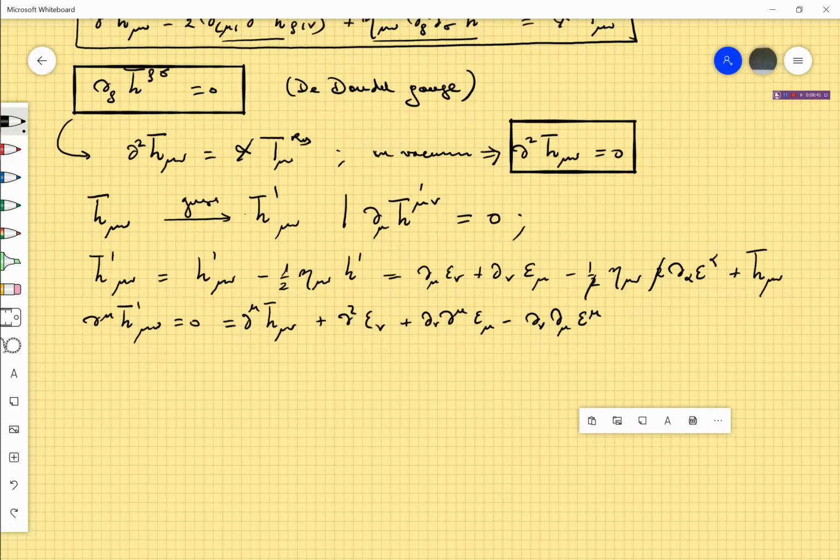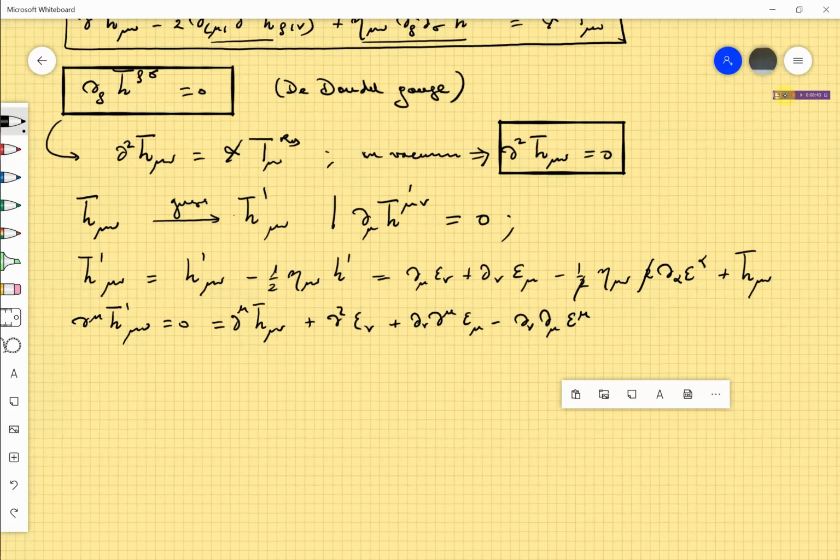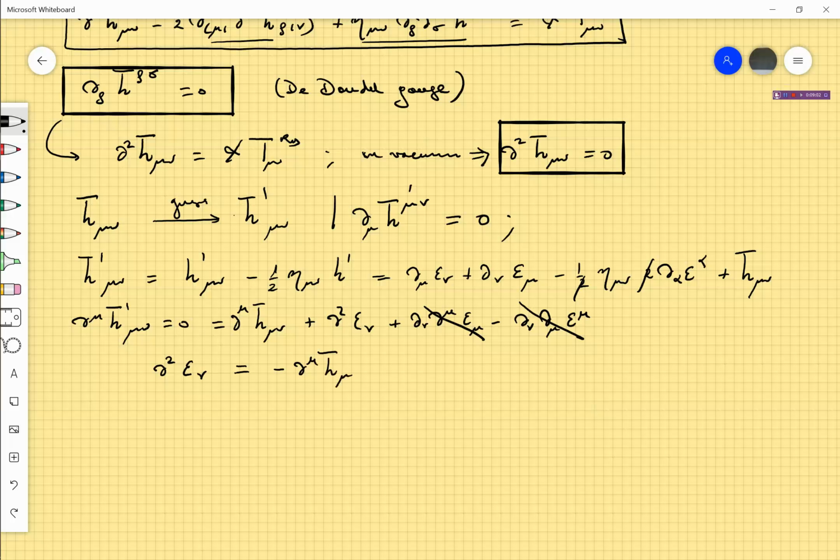Now I see that these two terms cancel, and the solution for this condition is that d squared epsilon nu has to be minus the divergence of the original field h bar mu nu.